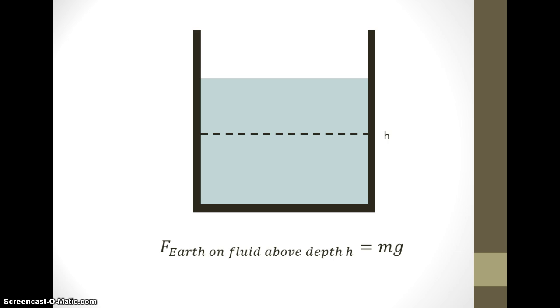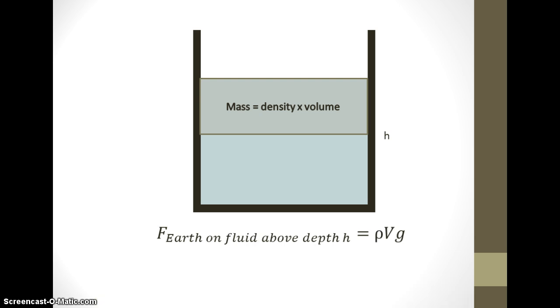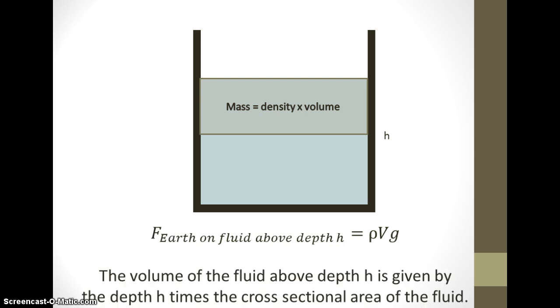Okay, so the force that Earth exerts on the fluid above depth h, we said that's the weight of the fluid, which is mass times g. And the mass of the fluid above depth h is given by the density of the fluid times the volume of the fluid. So mass equals density times volume. Putting that into our equation, the density times the volume times g will give us that force.